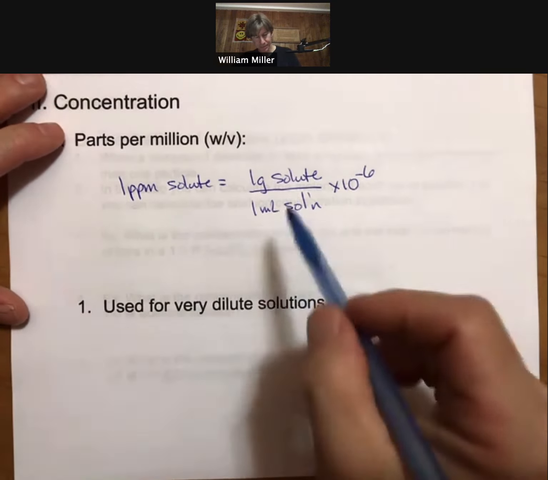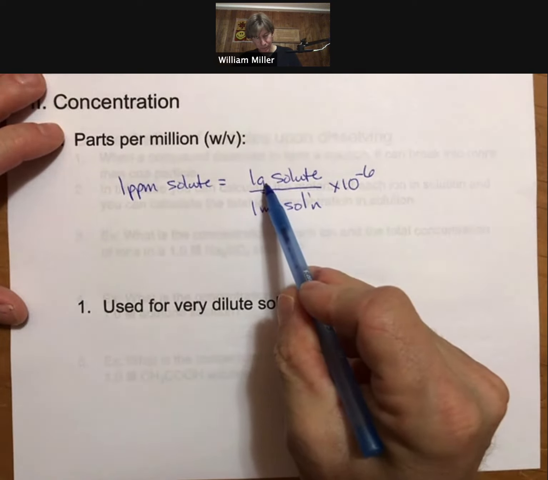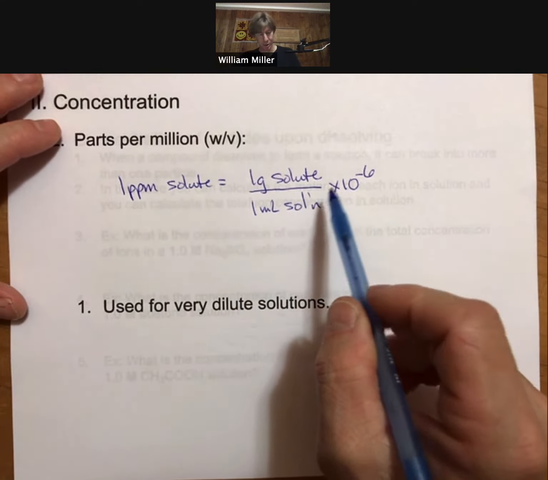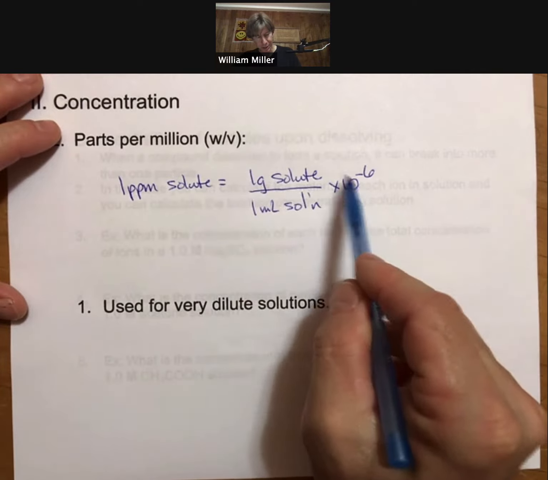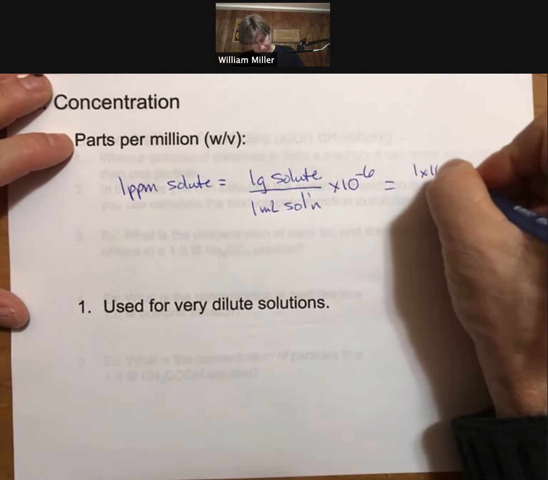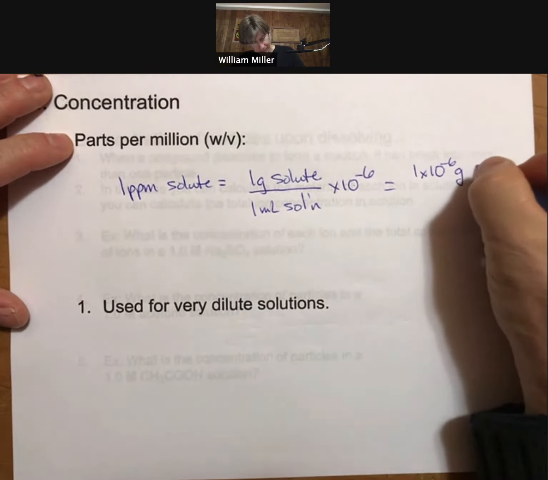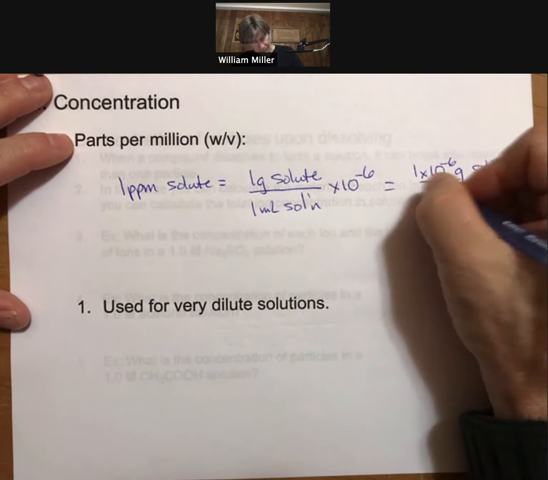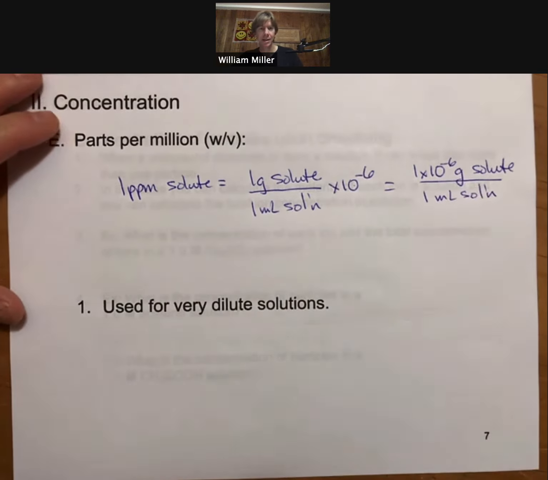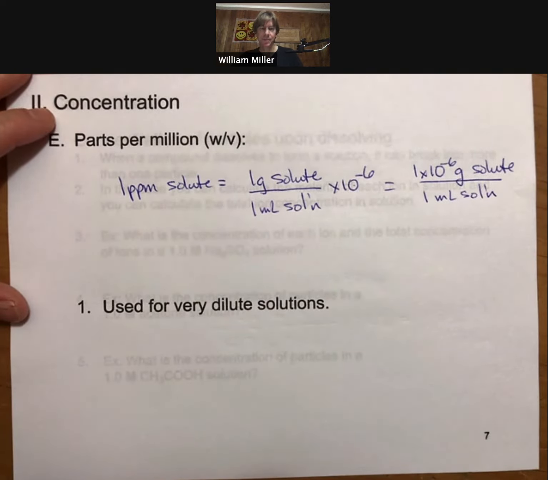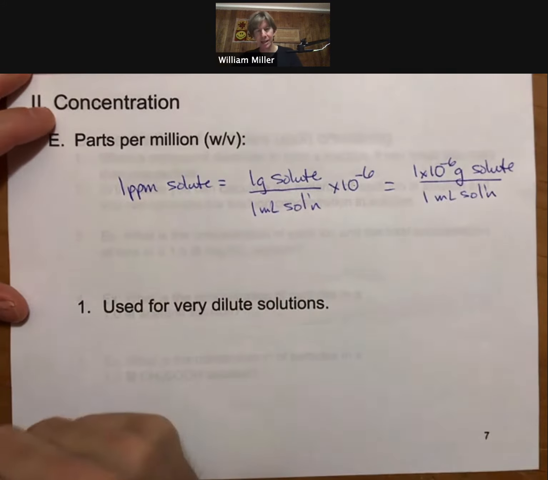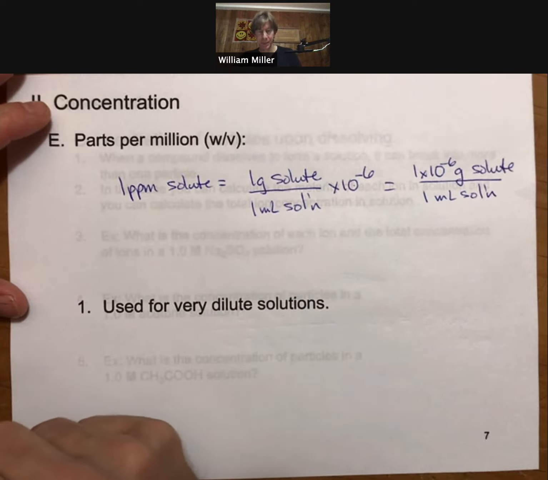Right, this is our unit conversion factor that we use. You can put this 10 to the 6 up top, like so. And either way, you can use these as unit conversion factors.